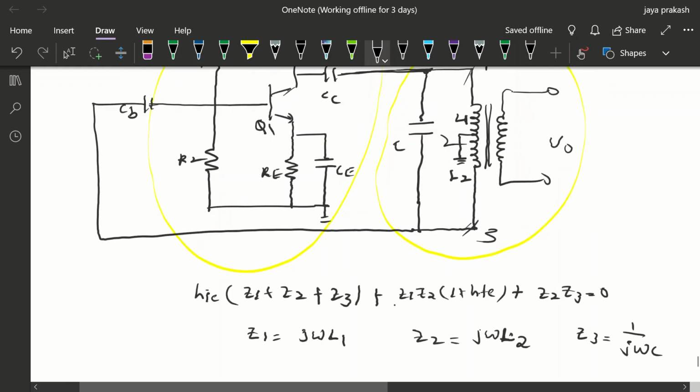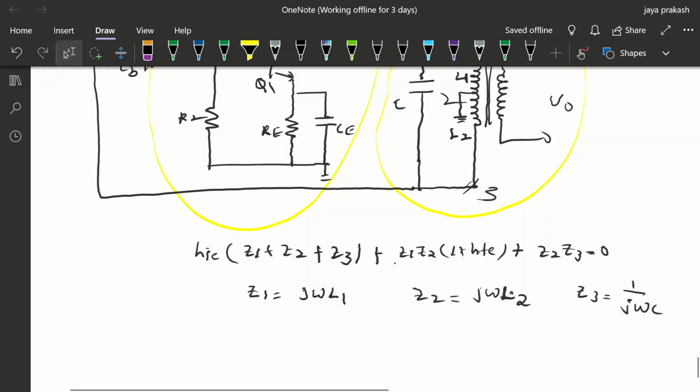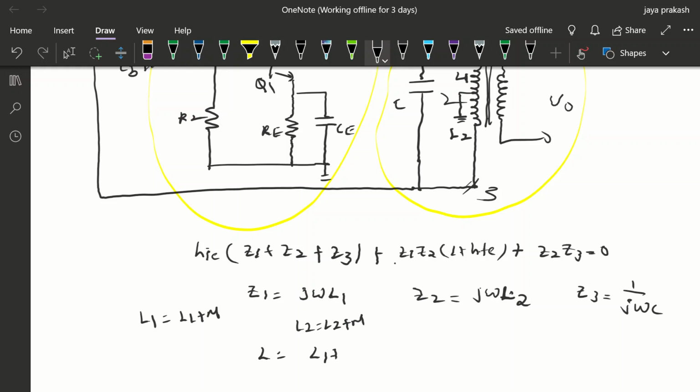Here L1 and L2 are connected on the same coil, so there will be a mutual inductance between L1 and L2. So the equivalent impedance is j omega, where L1 is written as L1 plus M, and L2 is written as L2 plus M. So the total inductance L can be written as L1 plus L2 plus 2M.